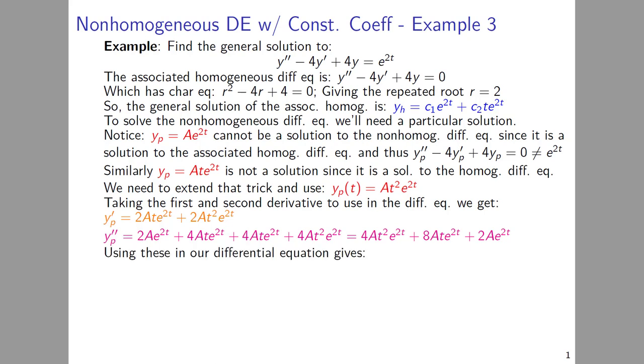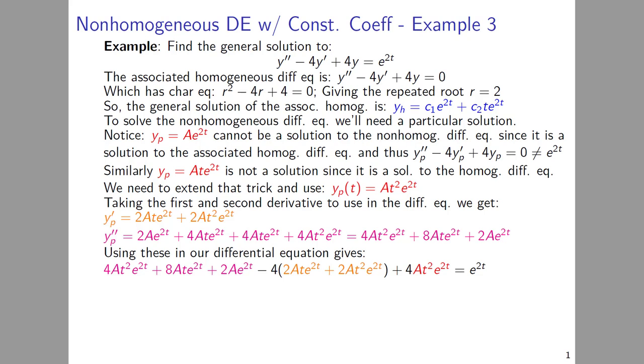And using these in our differential equation gives 4a t^2 e^(2t) + 8a t e^(2t) + 2a e^(2t) from y_p'', minus 4y_p', which is 2a t e^(2t) + 2a t^2 e^(2t), plus 4y, which is a t^2 e^(2t). And in our non-homogeneous differential equation, this all must be equal to e^(2t) in order for y_p to be a solution.